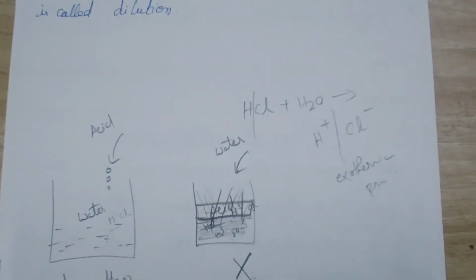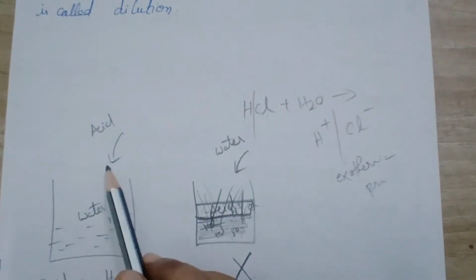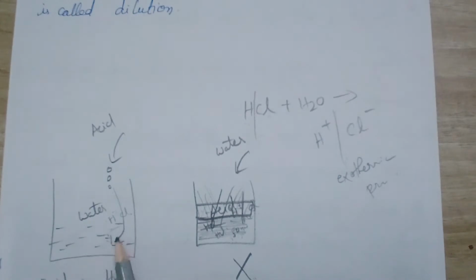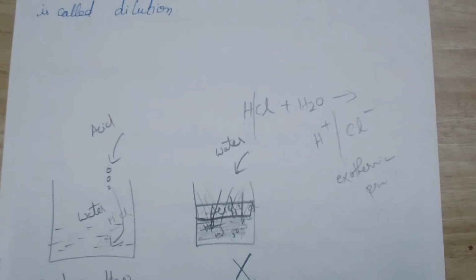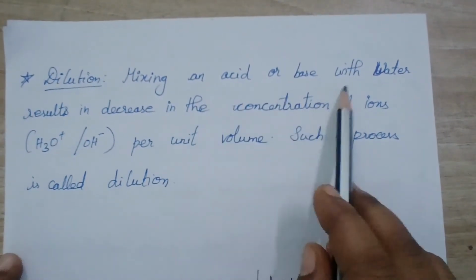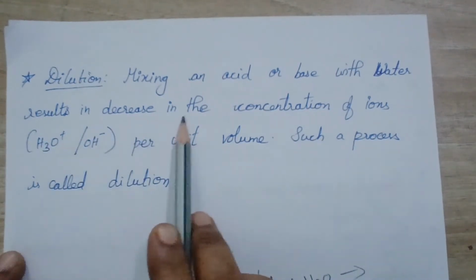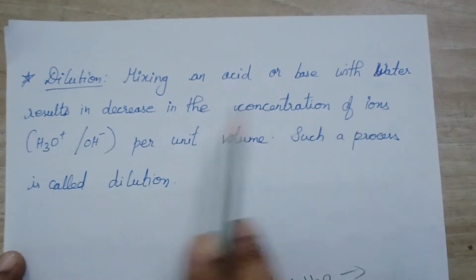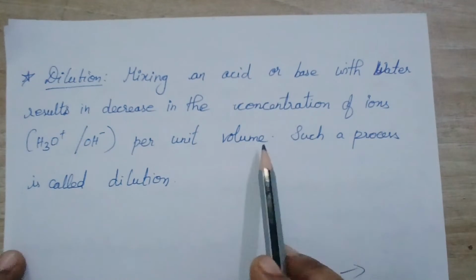When you pour acid into the water, its density is high, so it comes down and the reaction happens there. Only a few molecules are ionized and only less heat energy is released. So this is the safer method, adding acid to the water. Mixing an acid or base with water results in a decrease in the concentration of ions per unit volume.